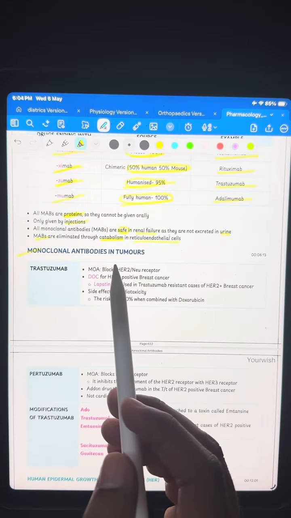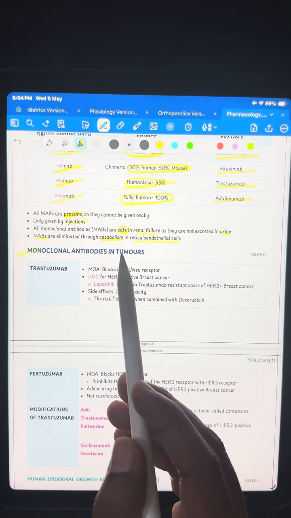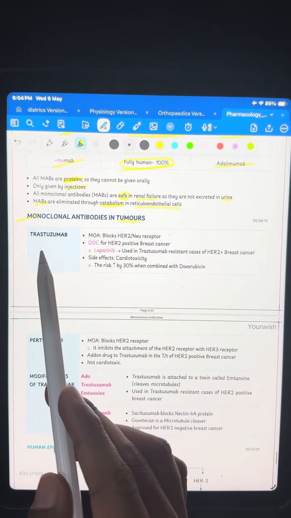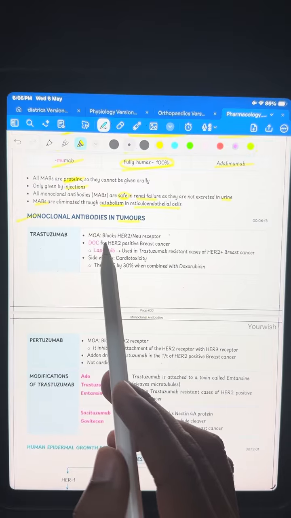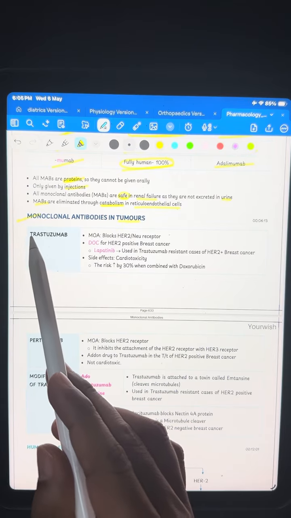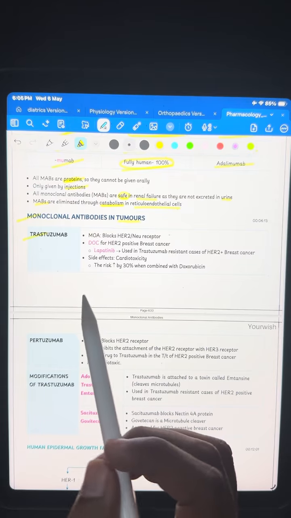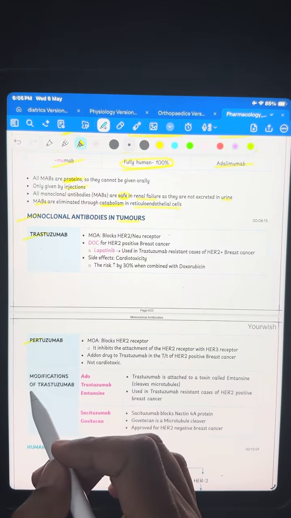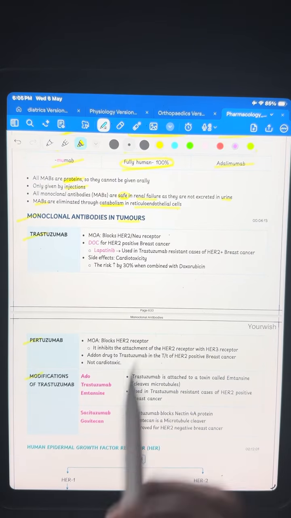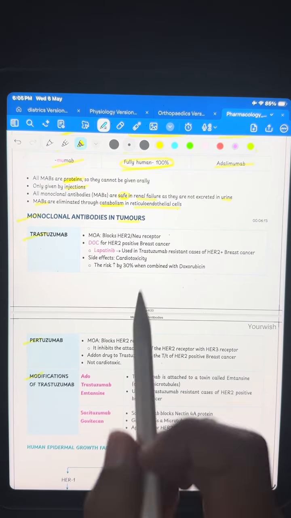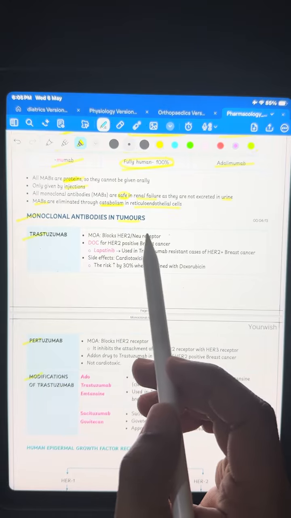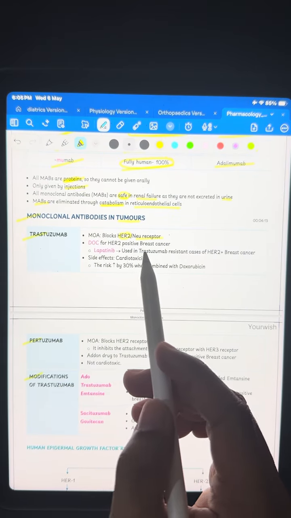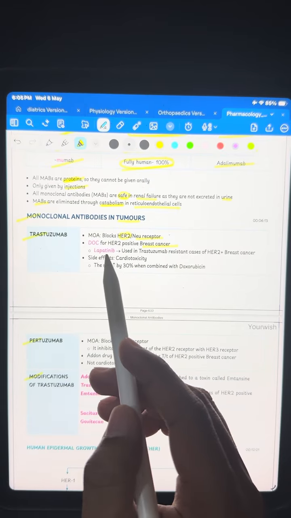Now it's about the use of MABs in tumors. The mechanism of action of trastuzumab, pertuzumab, and modifications of trastuzumab. Trastuzumab blocks the HER2 or neu receptor, so it is used in breast cancer.